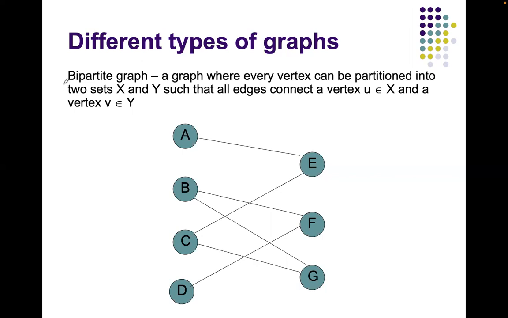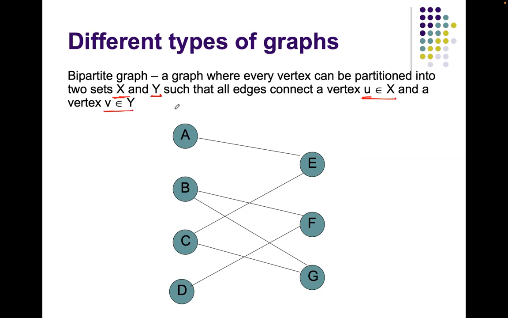All right. So another type of graph is known as a bipartite graph. In a bipartite graph, we can partition the total set of nodes into two sets, X and Y, such that all edges connect a vertex where one node belongs to one set and the other node belongs to the other set.